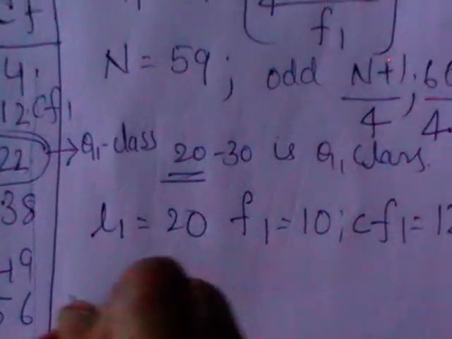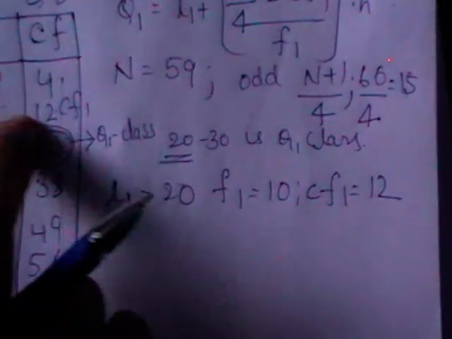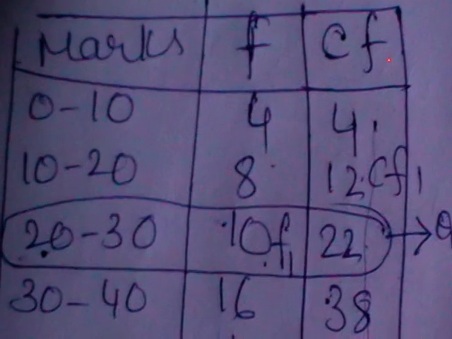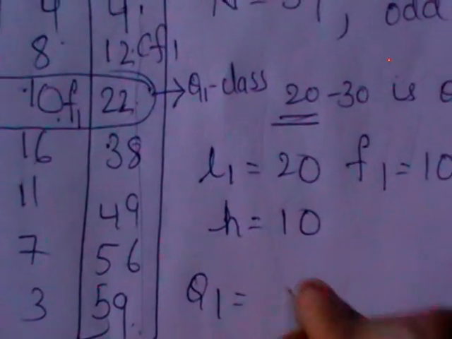This is F1, and the value above this one is CF1. So F1 is 10, CF1 is 12. After circling the Q1 class, the value above it gives CF1 and the class frequency gives F1. H here is 10.